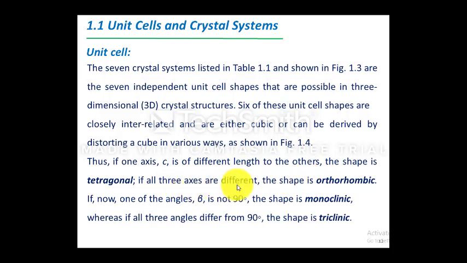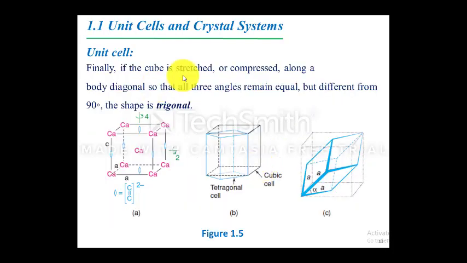If all three axes are different, the shape is orthorhombic. If one angle is not 90, the shape is monoclinic, whereas if all three angles differ from 90 degrees, the shape is triclinic. And similarly, if the cubic system is stretched or compressed along one body diagonal, this side and this side, it is converted to the trigonal system.